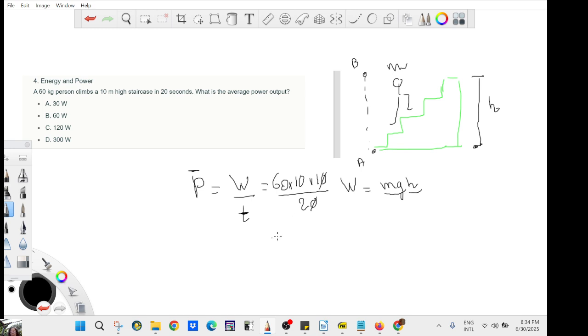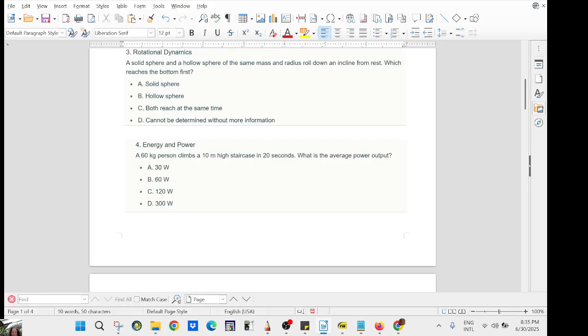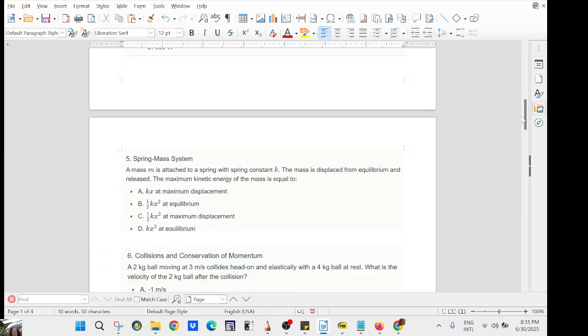So that's going to be equal to 600 divided by 2, which is 300 watts. Okay, so it's joules per second. This is joules here. So 300 watts, which is nothing. Okay, so let's do the next one.